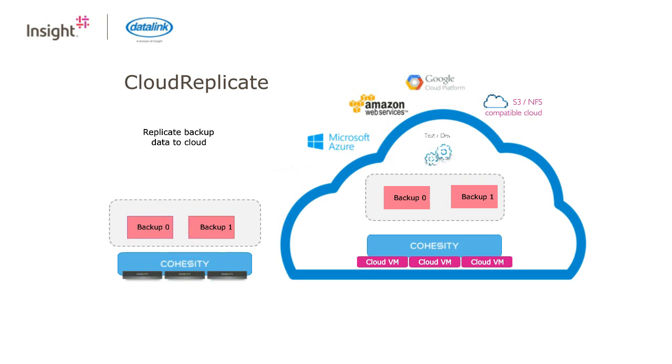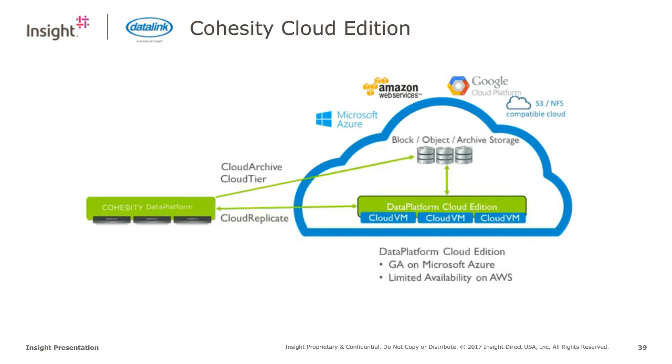Maybe I want to do test dev inside of the cloud. I can instantiate these workloads, much like we saw on the Rubrik side, inside of the cloud to have running virtual machines. So Cloud DR, Cloud Analytics, test dev in the cloud, whatever my use case is, I can bring those backups online as full running workloads.